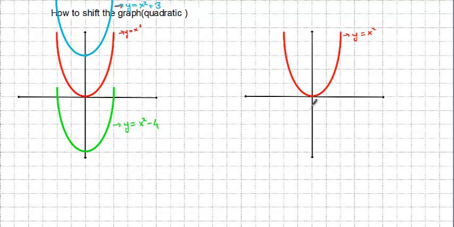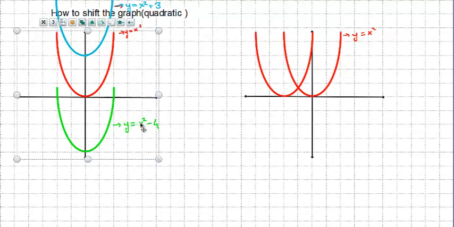Here I'm going to move the graph on the x-axis. What is the form for moving on the x-axis? I'm going to copy the same graph, and I'm going to move it 2 units left. When I move the y is equal to x squared graph 2 units left, the addition or subtraction goes inside the square.